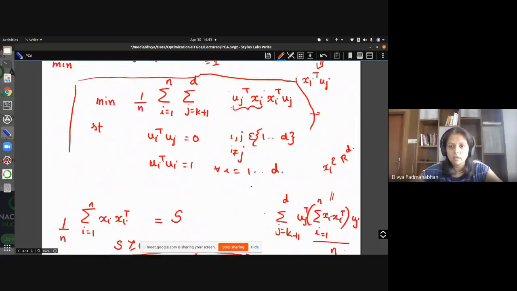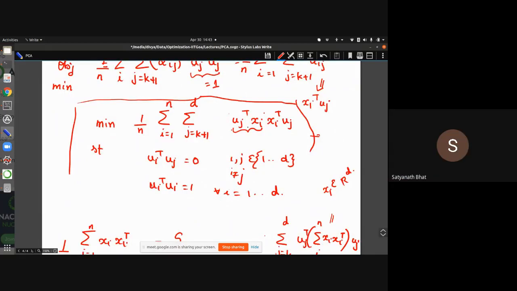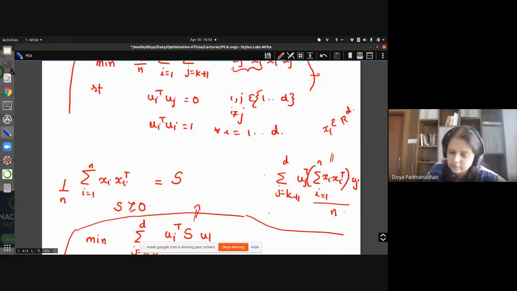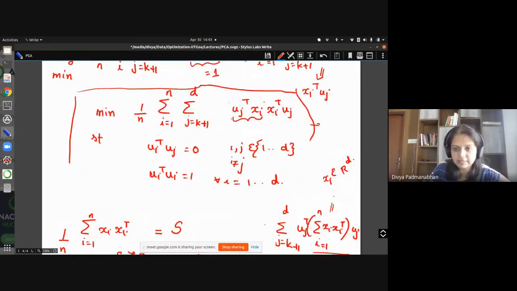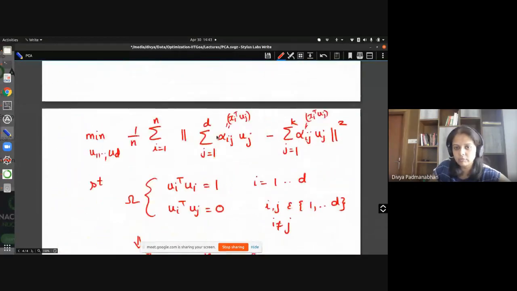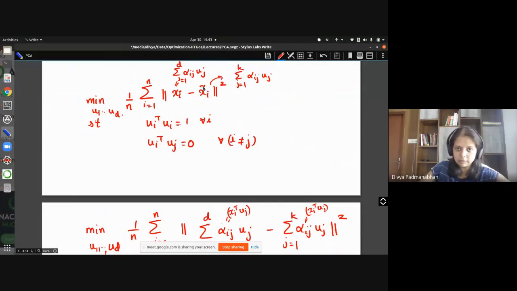That number is just like the average error. Yes, it's exactly this term. What we started off with was this xi minus xi tilde.